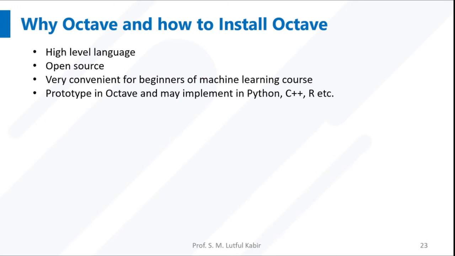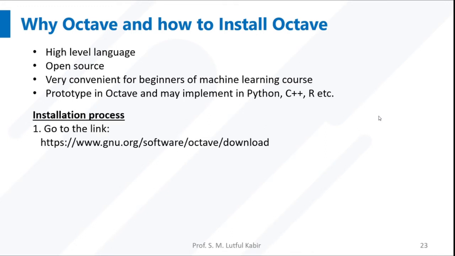That means you develop your initial program, initial algorithm in Octave. But finally, when you implement your system in reality, you may implement it in Python, C++, and R. So that's why in our course we'll use Octave, and let us now discuss the installation process.